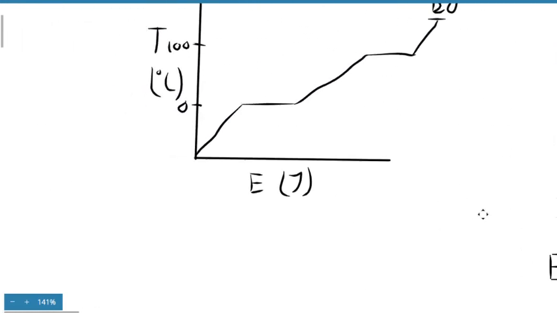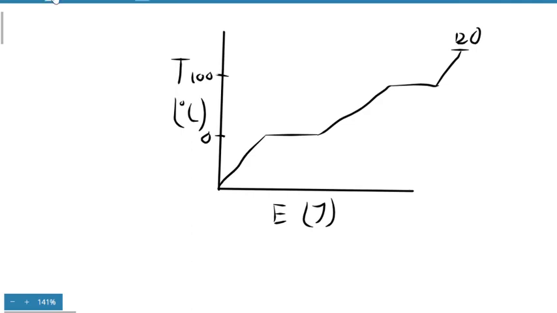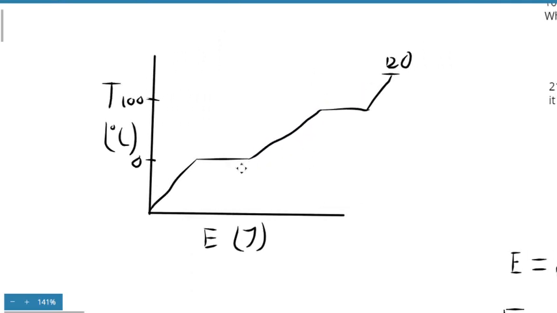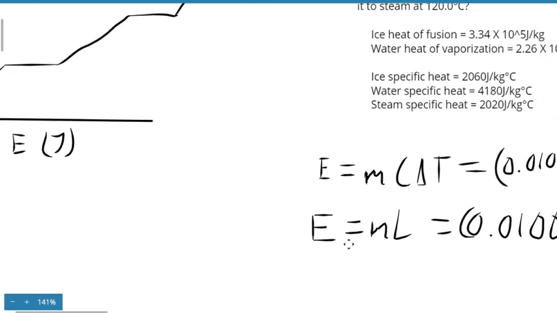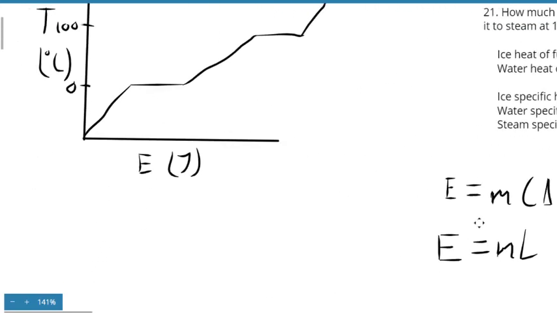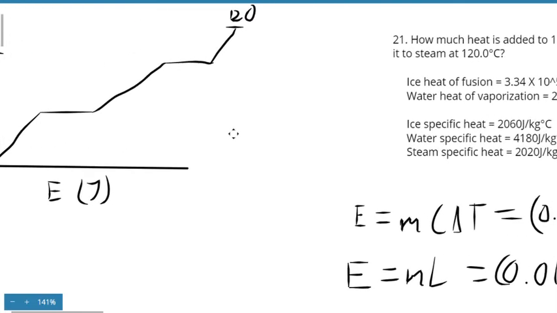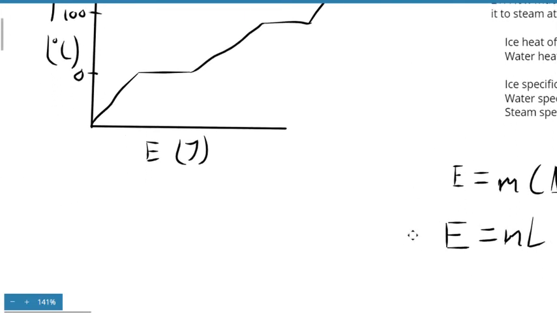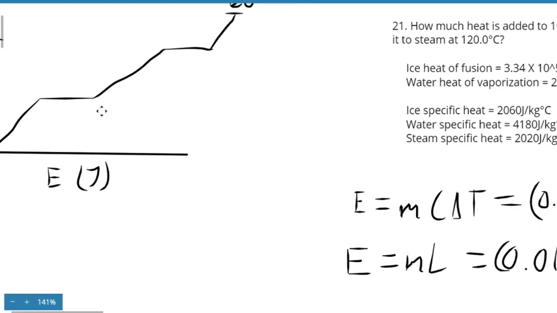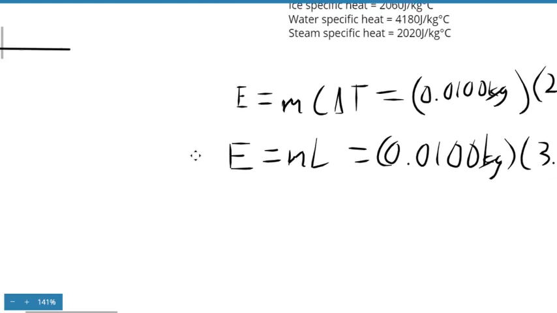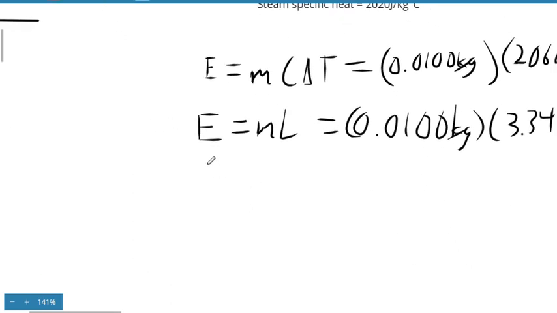So next, we're calculating this part right here. And you see, if it's on an angle, then that means you use the formula E equals mc delta t. If it's on a plateau, we use the formula E equals mL. So in this case, it's slanted, so we use E equals mc delta t.